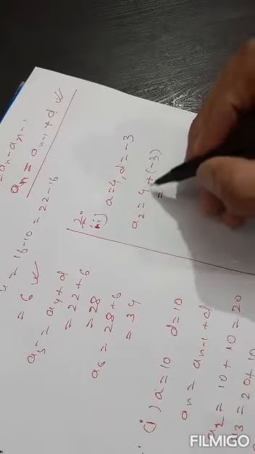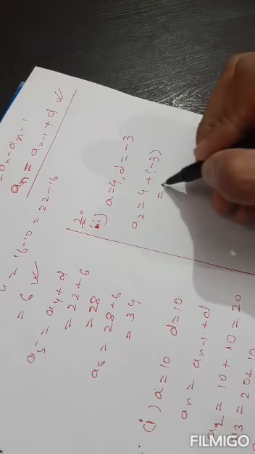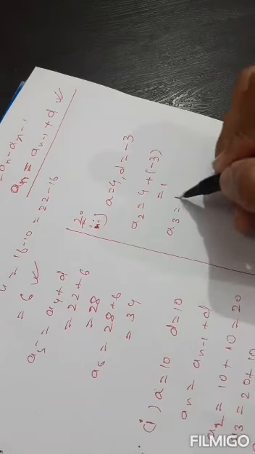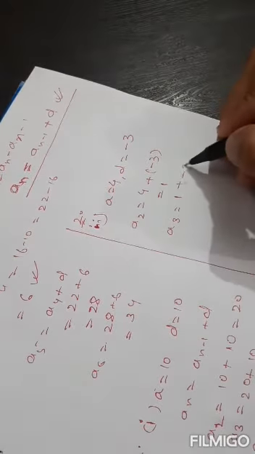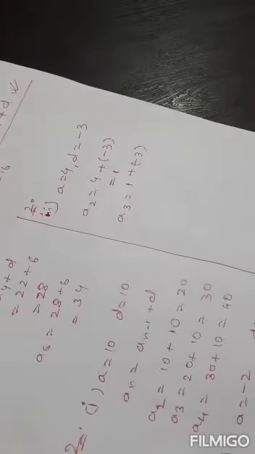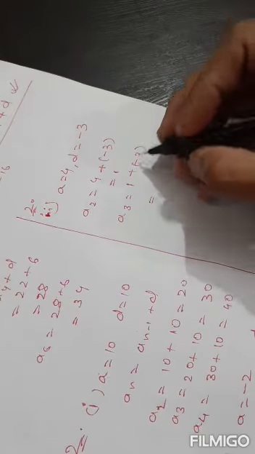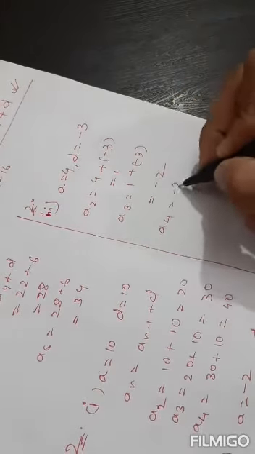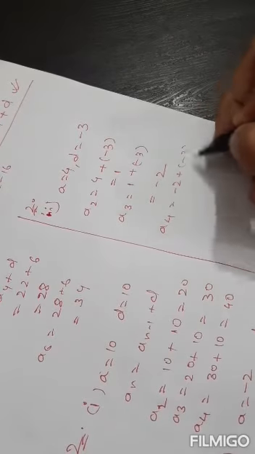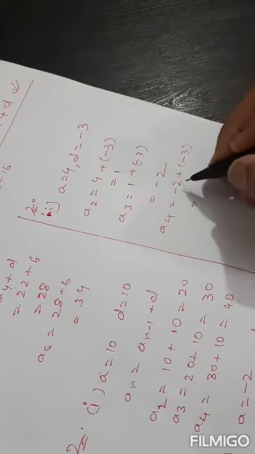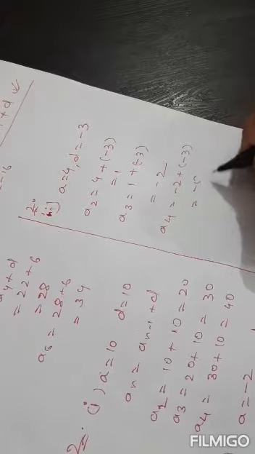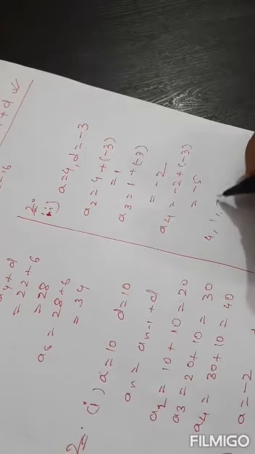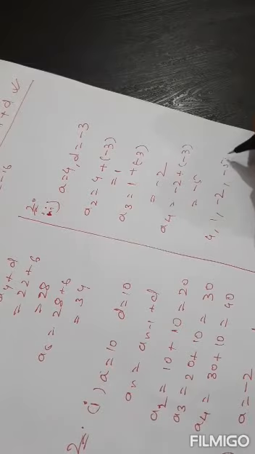It will become 4 minus 3, which is 1. The third term will be the second term plus the common difference, 1 minus 3, which is minus 2. The next term, the third term plus the common difference, equals minus 2 minus 3, which is minus 5. So the series will be 4, 1, minus 2 and minus 5 and so on.